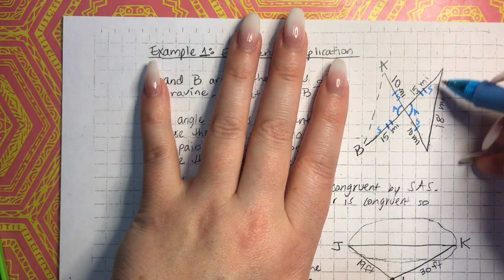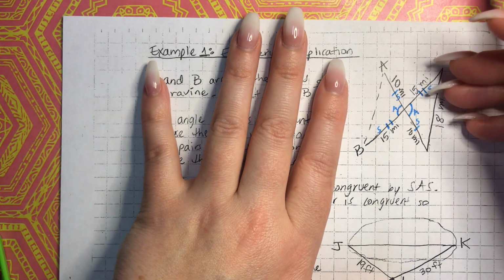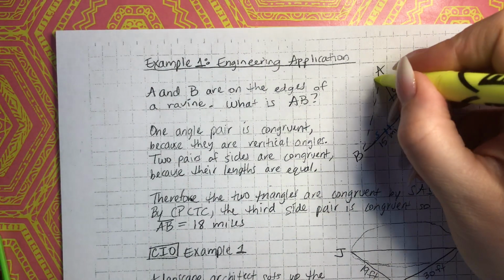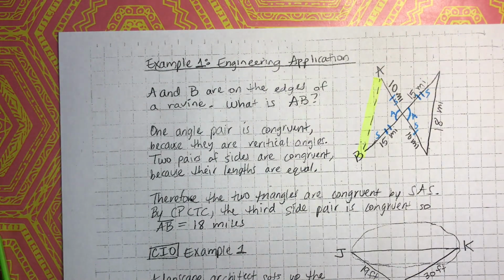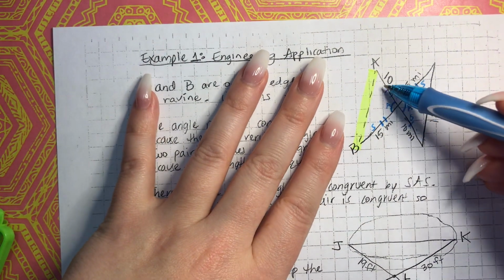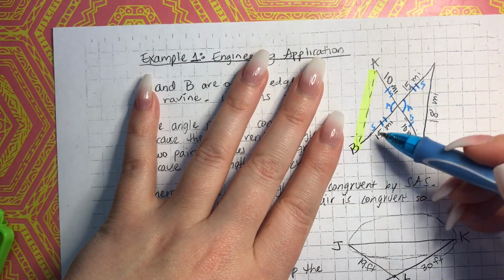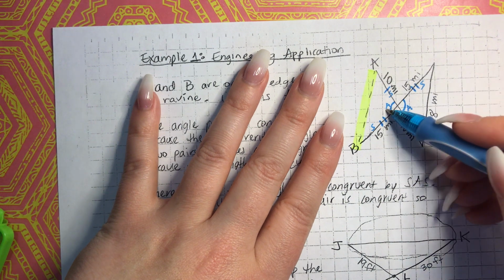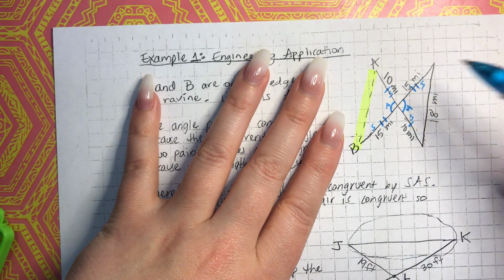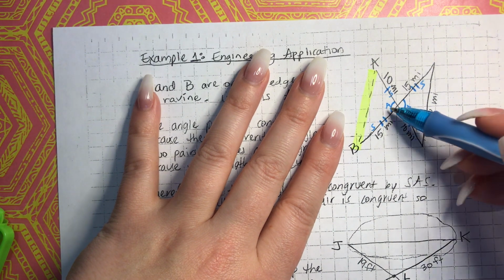So we have our 3 pieces of information, but what we want to know is what is AB, which really is that 3rd side. So if we set this all up and we said, this side is congruent to that side, and this side is congruent to that side, and this angle is congruent to this angle, that would be because it's given. And then these angles would be congruent because of vertical angles.